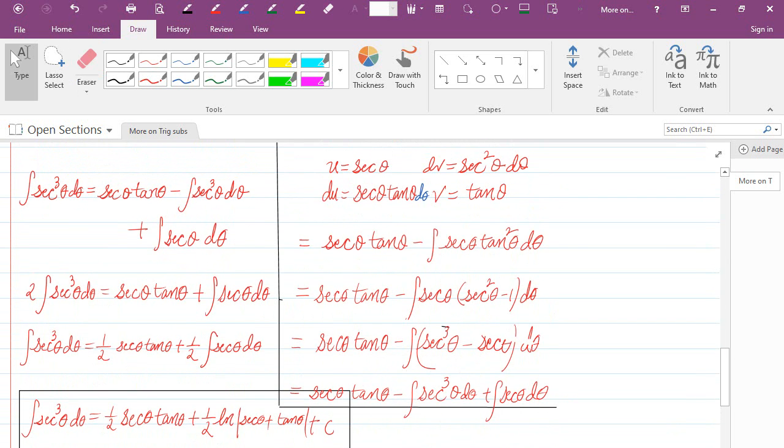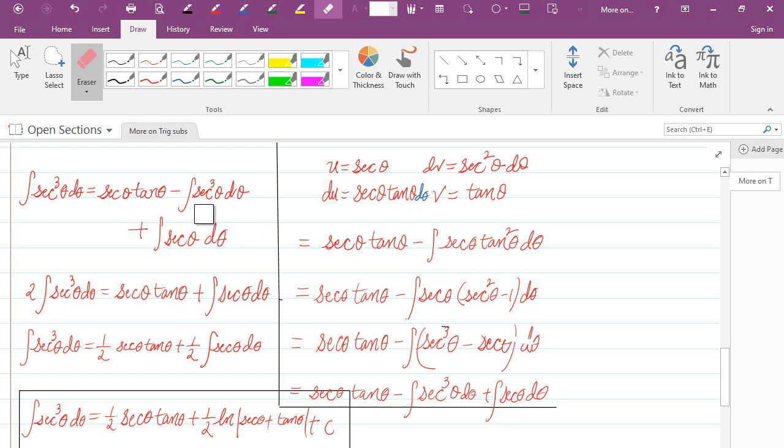Alright, so at the end we are getting that the integral of secant cubed of theta d theta is equal to secant theta tangent theta minus the integral of secant cubed of theta d theta plus the integral of secant theta d theta. You might say, okay, we started with secant cubed, but we ended up with secant cubed again. What's the point? Well, we can now take this integral of secant cubed to the left hand side.